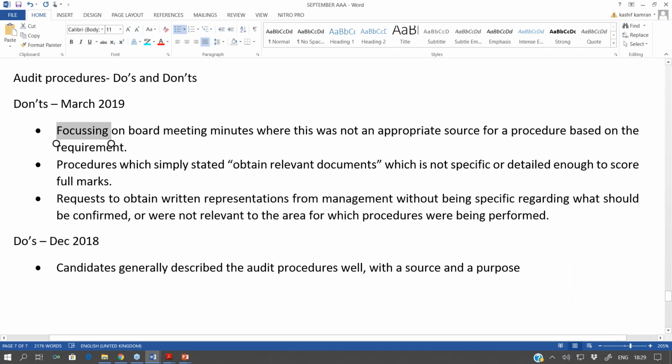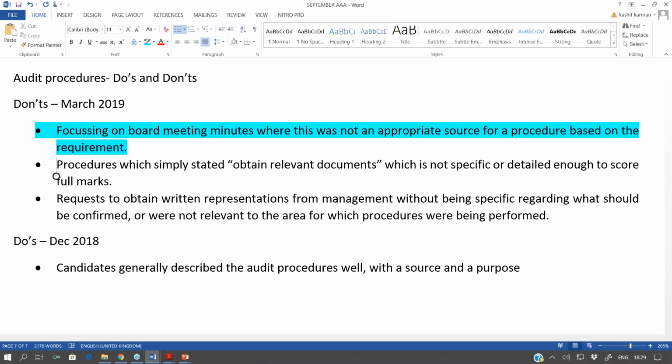See this criticism of the examiner. This is from the March 19 exams, very recent exams. The examiner is saying: focusing on board minutes where this was not an appropriate source of a procedure. Students have a tendency of forcing the board minutes in almost every situation.